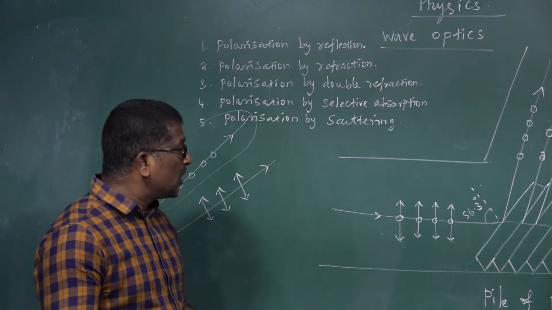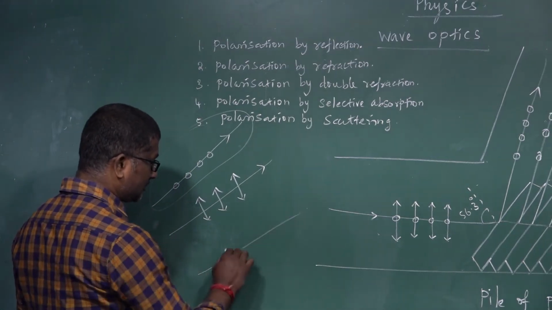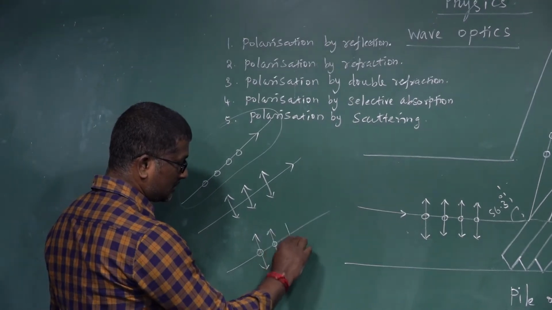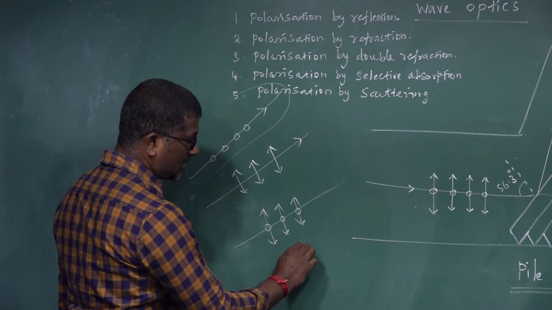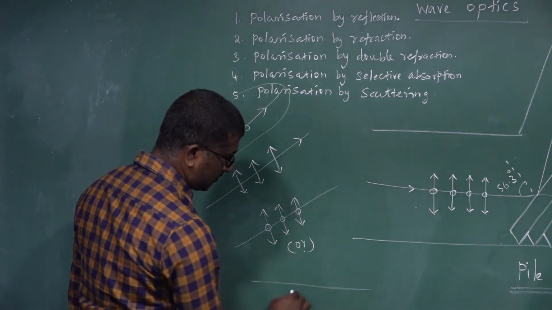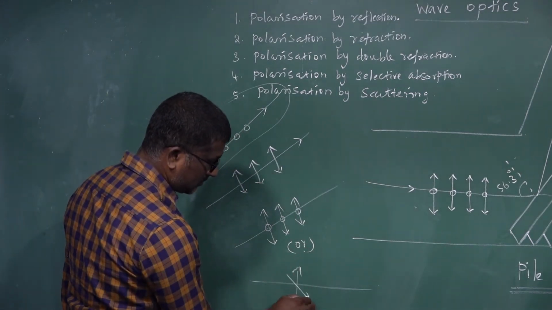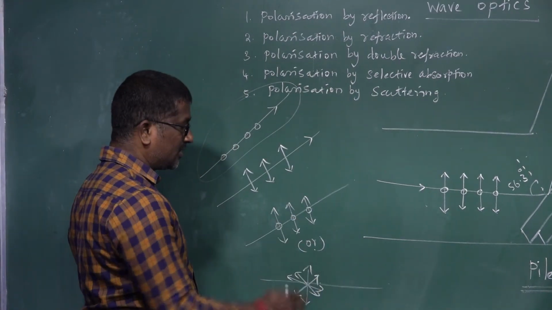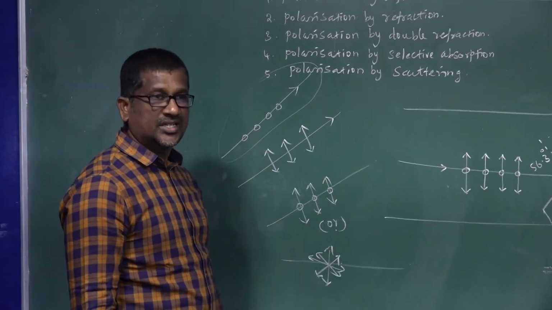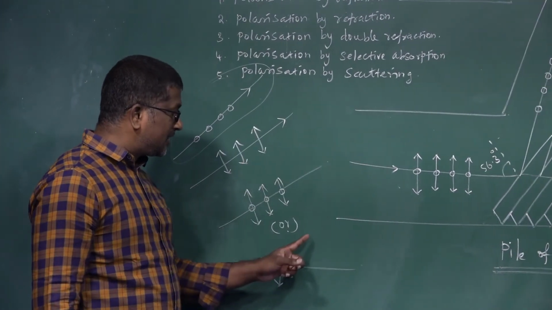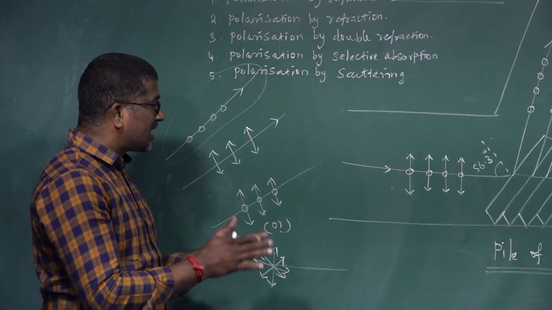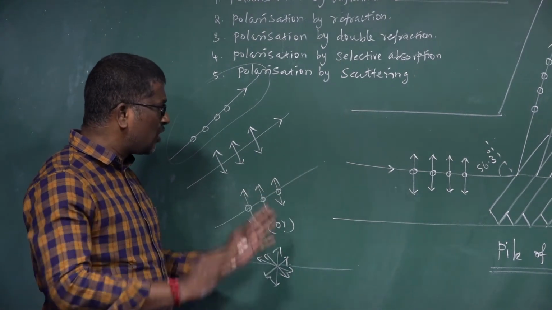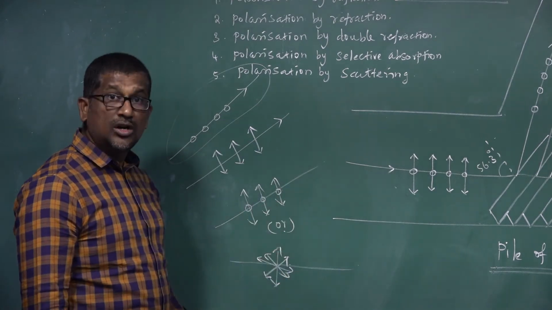Unpolarized light is represented like this, or like this. So these two diagrams represent unpolarized light. In this light the vibration occurs in all possible directions. Then the light is called unpolarized light.